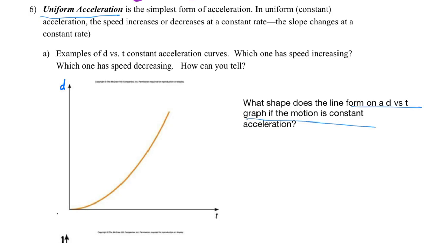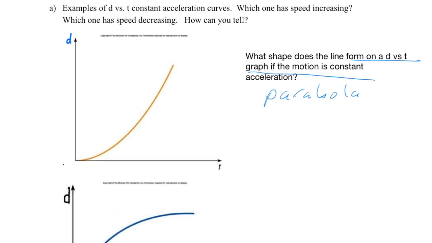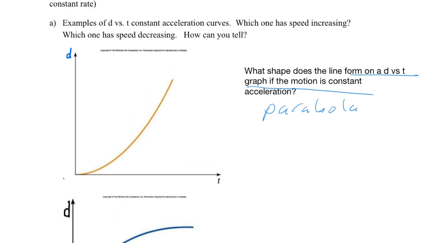What shape does the line on a D versus T graph form when you have constant acceleration? Well, it's a parabola, or half a parabola. So right here, what's happening to the slope of this line? Like right here, compared to right here, compared to right here.